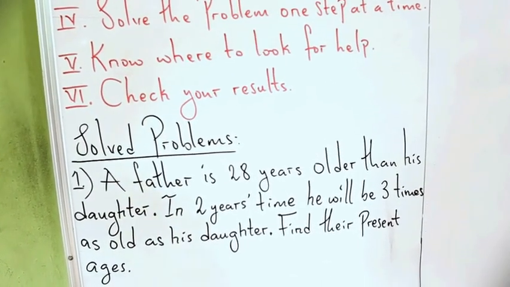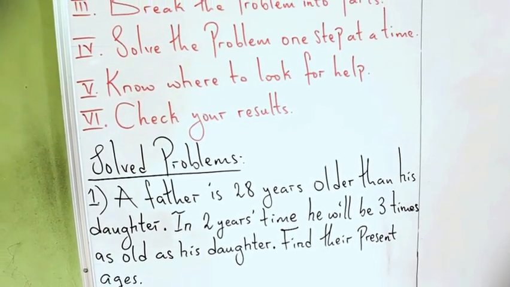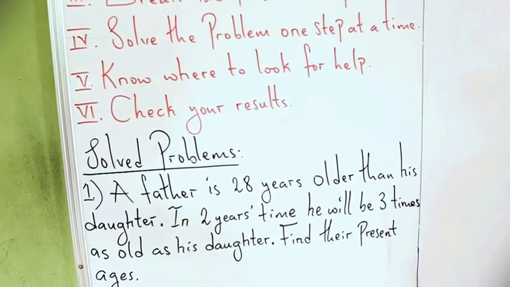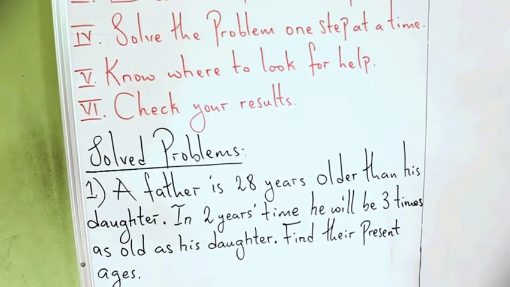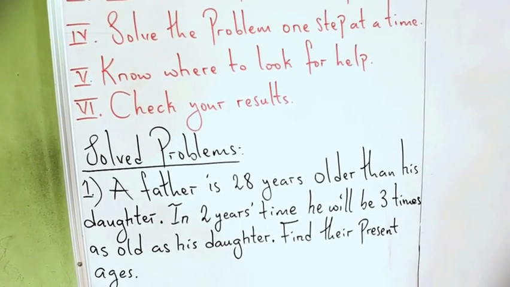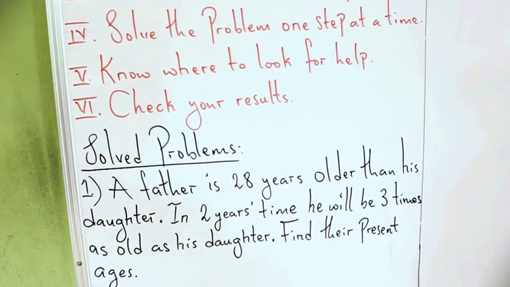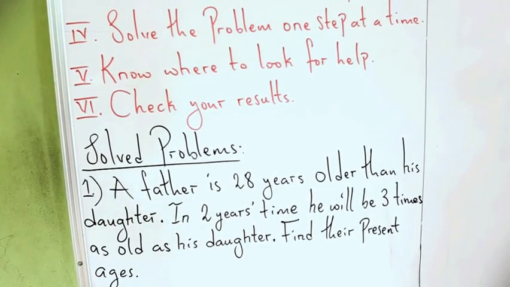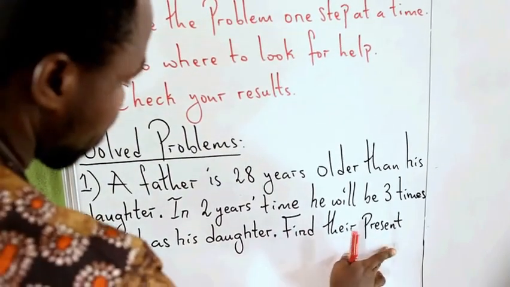Find the present ages. If you go through the question carefully, you will discover that we don't have the actual age of the father, we don't have the actual age of the daughter, and in 2 years' time, we're told that the dad's age will be 3 times that of the daughter, and we are required to determine their present age.